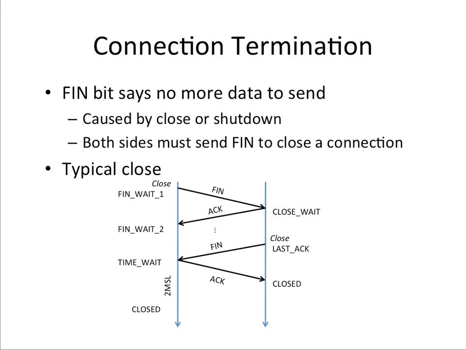Maybe someone's still sending data and the other one is closed. Yeah. So it is possible for the socket to be active in one direction even though you've closed it in the other direction. For example, let's call the node on the left node 1. Let's say it closes the socket. That means it's not going to send any more packets. It just said, I'm going to close the socket.